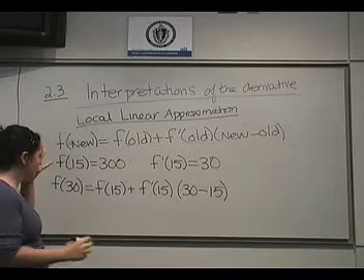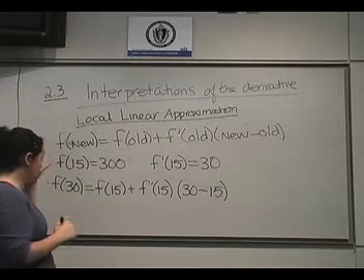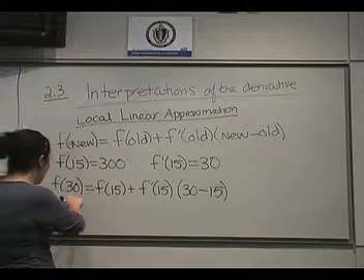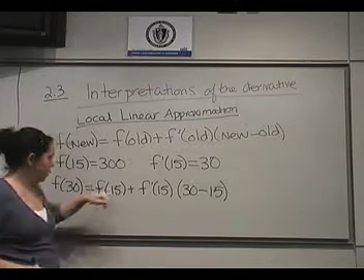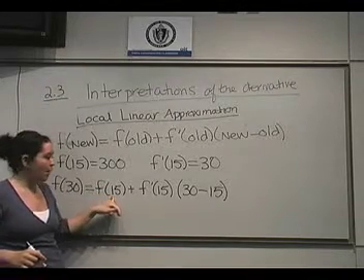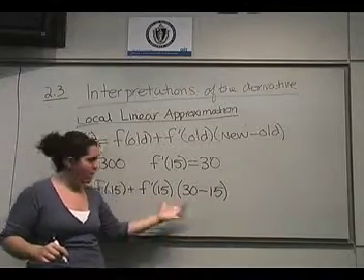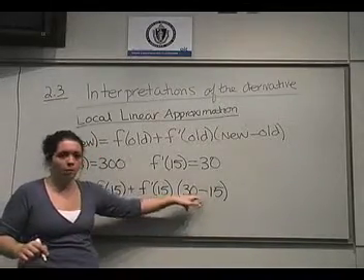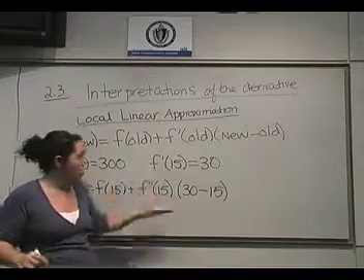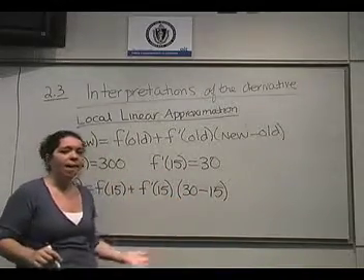So what I'm saying here, before I plug in all the numbers, is that the y value at 30 is going to be the same as the y value at 15 plus some increment, either added or subtracted, depending on if this is positive or negative, based on the rate at which the function was changing at that time.